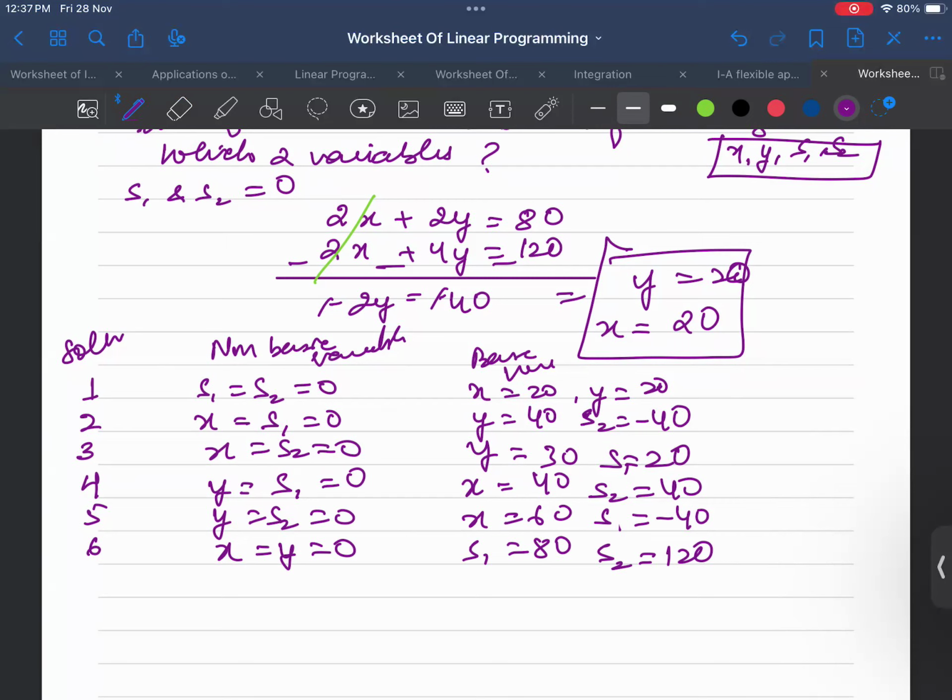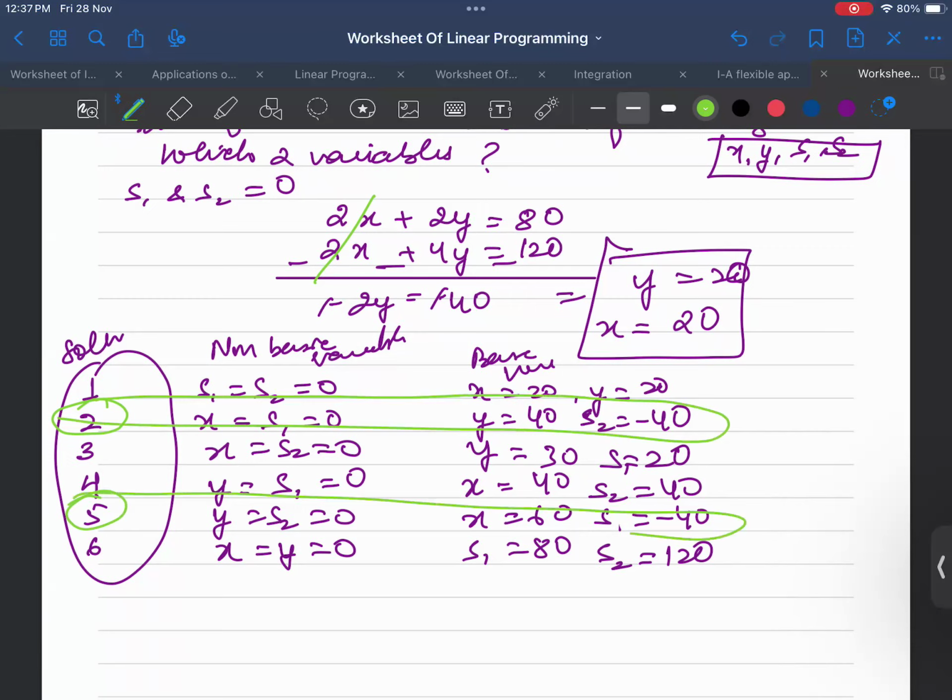So above, if we summarize all the solution possibilities, given that two of the four variables are assigned values 0, any of the two values we have assigned, right? But in this case, you will see solution 2 and solution 5, right?